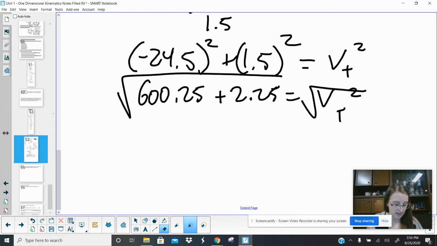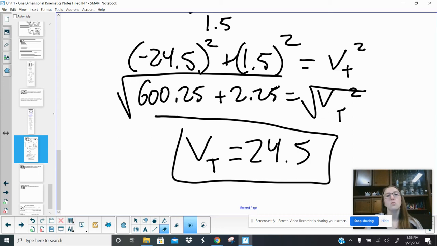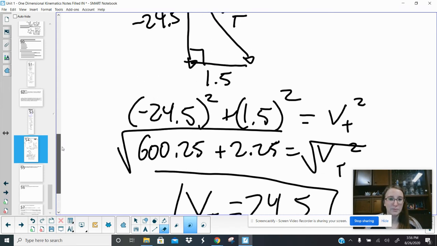Square root of 602.5 should get a total velocity of 24.5.